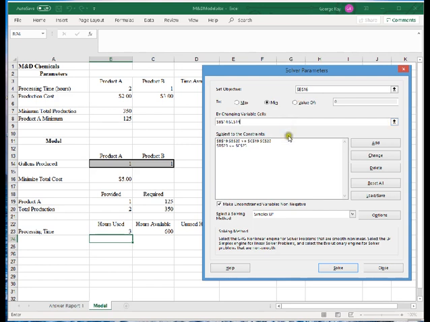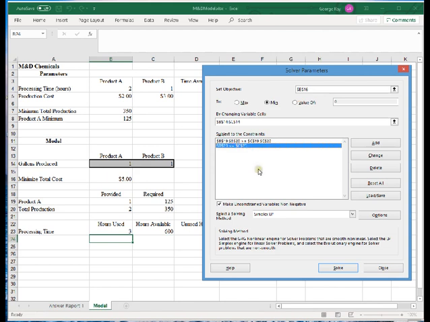Now we do have some constraints. Subject to the fact that B19 and B20, the amount of product A and the amount of total production provided, are greater than or equal to the amount of product A and the total production that is required. So provided must be greater than or equal to required.